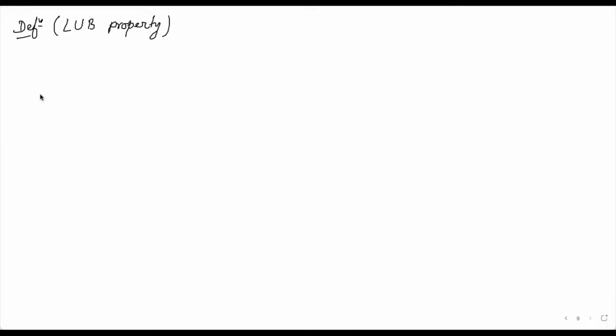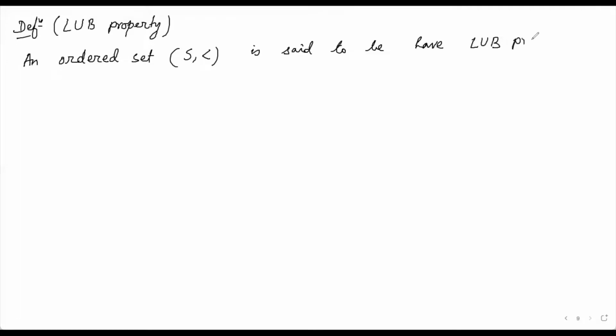An ordered set S is said to have the LUB property, or least upper bound property, if the following is true.